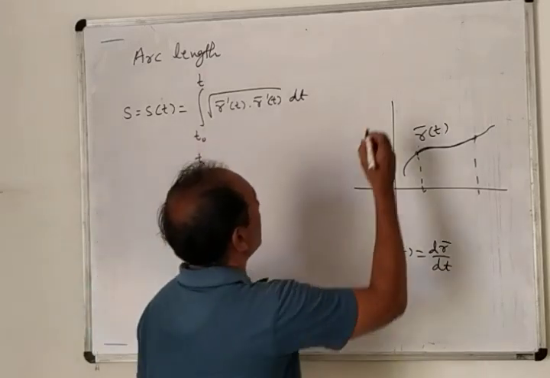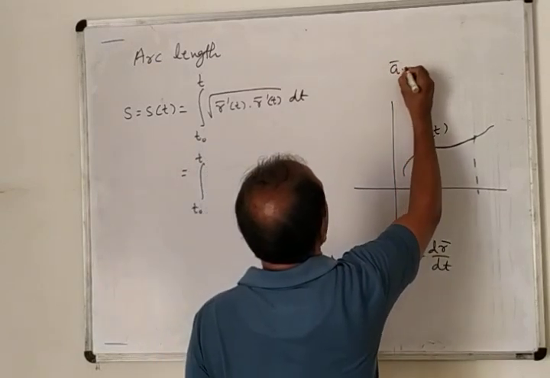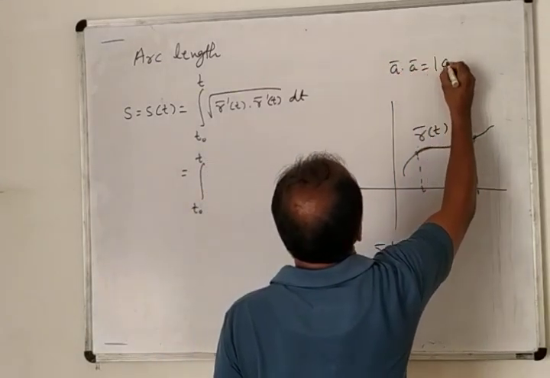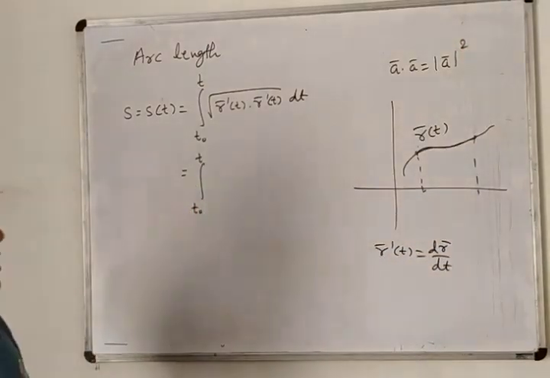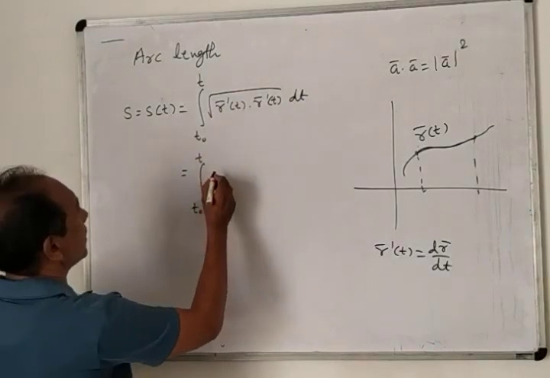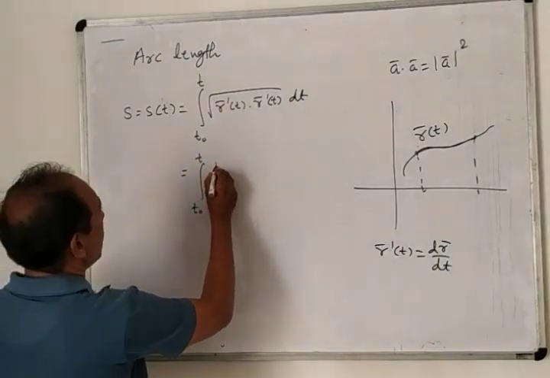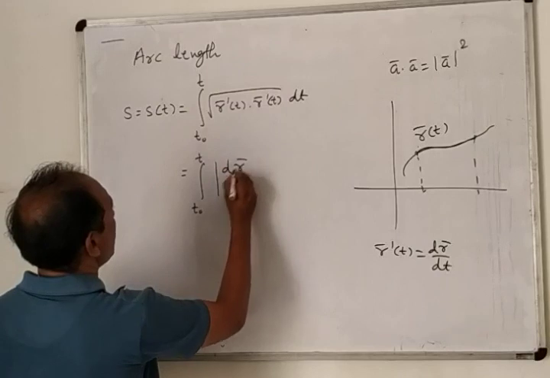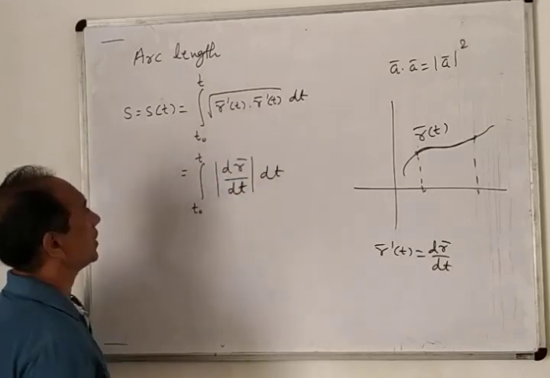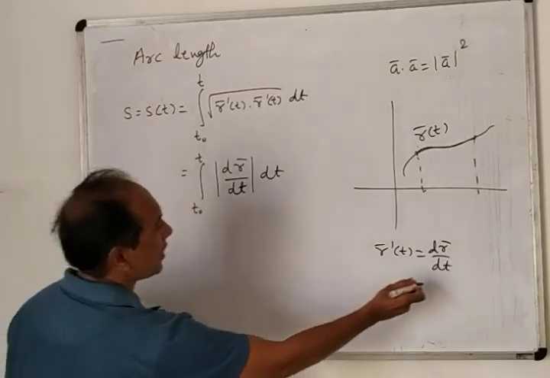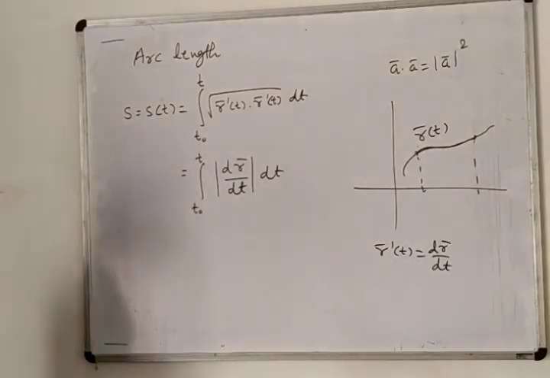Normally you know that whenever we have a bar dot a bar, we can write this as modulus of a bar whole square, that is, the magnitude of a bar whole square. So this we can also write as modulus of dr bar by dt, and dr bar by dt we can also write as r bar dash t. So this is the formula to find arc length.